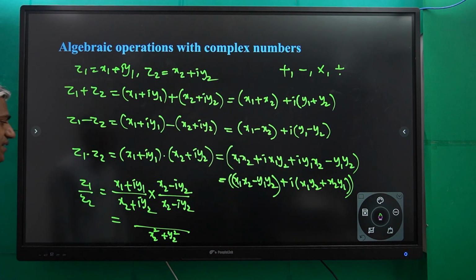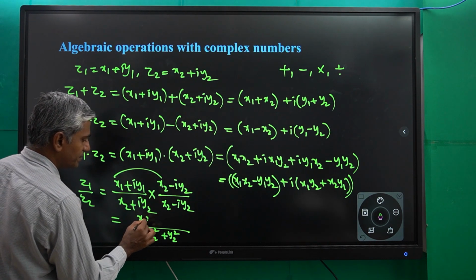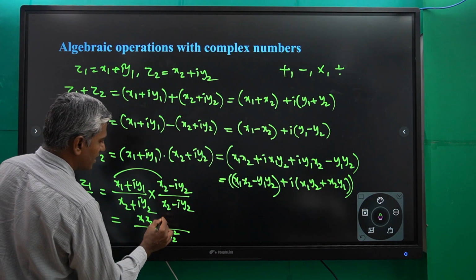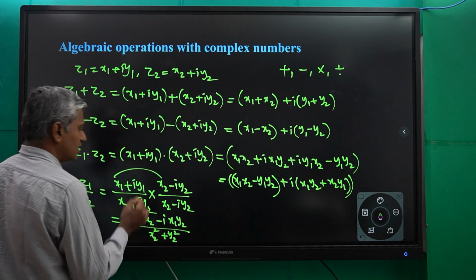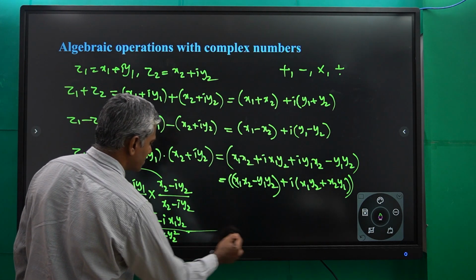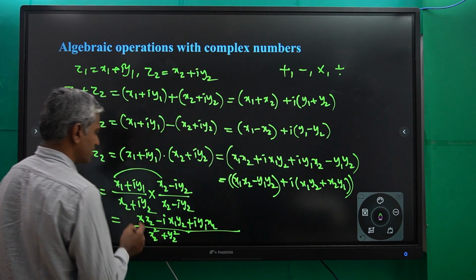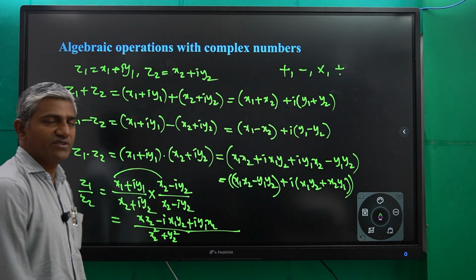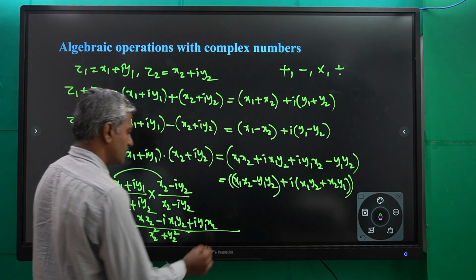Now if you multiply them: x1 into x2 is x1 x2, x1 into minus i y2 is minus i x1 y2, and plus i y1 x2. And then here plus into minus is minus, so i square becomes minus 1, and minus into minus is plus, so that is plus y1 y2.